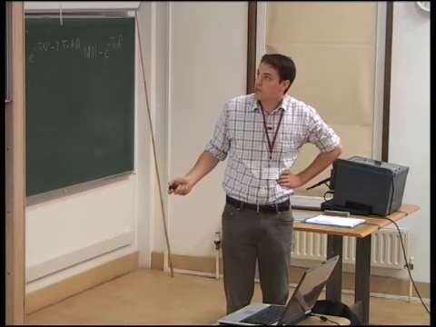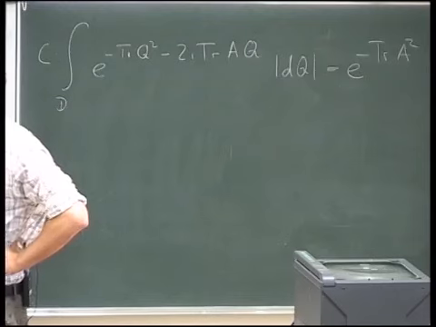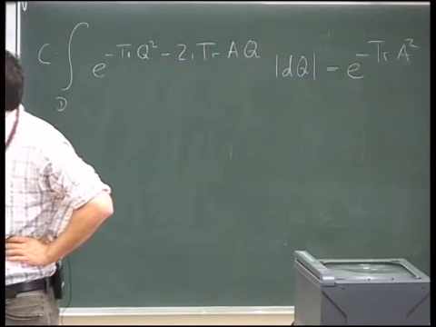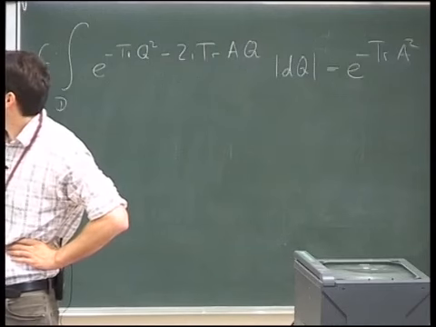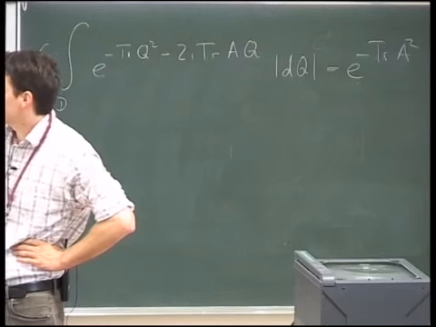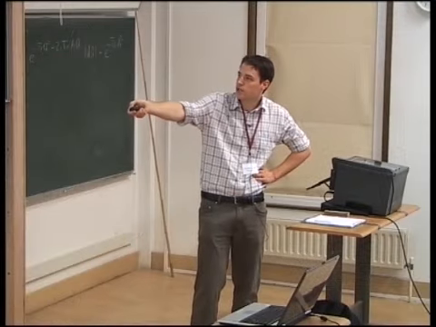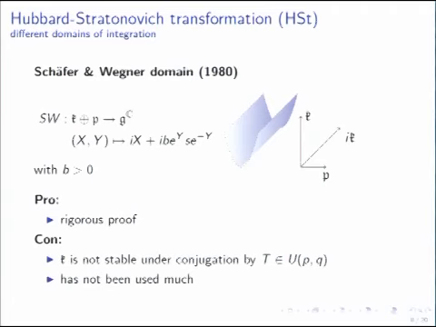Though a rigorous proof is available, this domain of integration has not been used much in the community. This might be due to the fact that it is not stable, so it does not have the full symmetry of the original problem. K is not stable under conjugation with pseudo-unitary matrices.